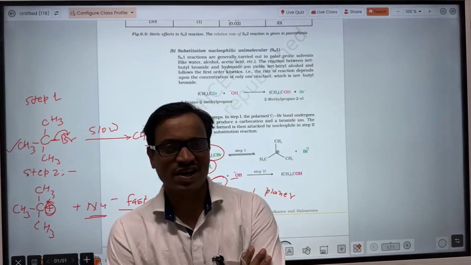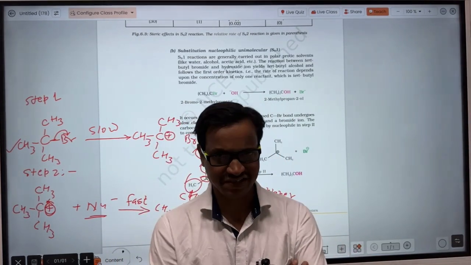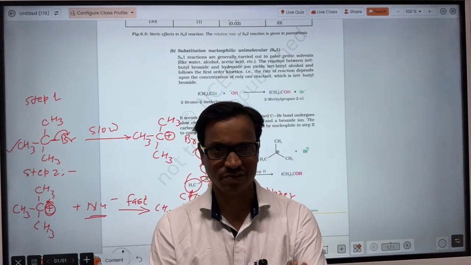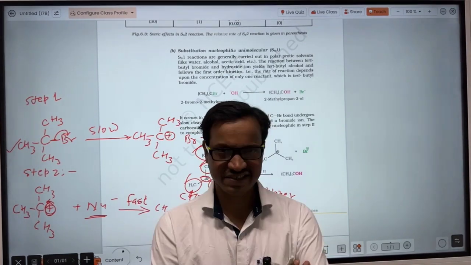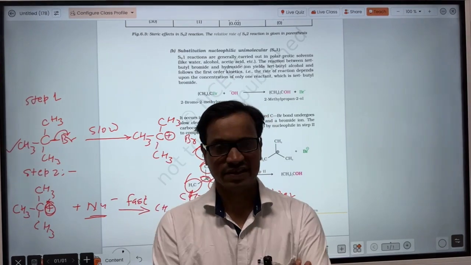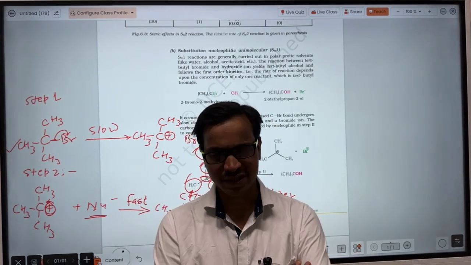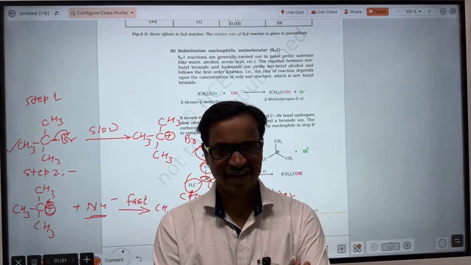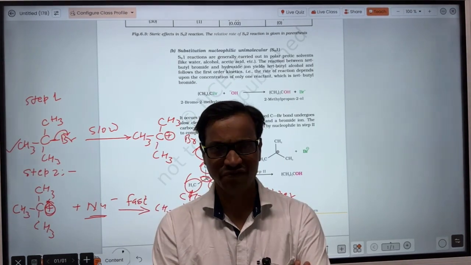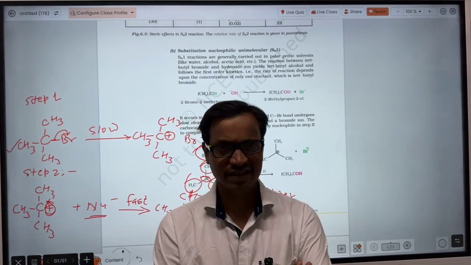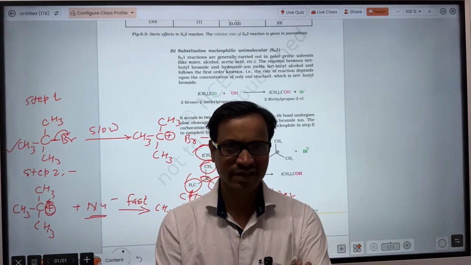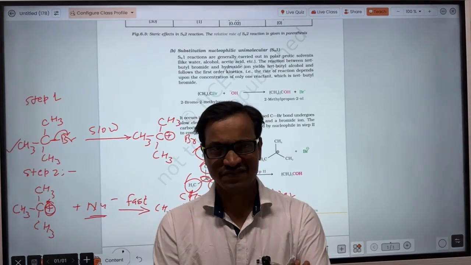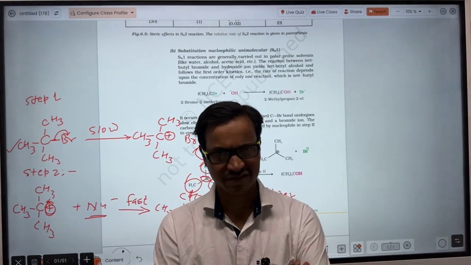When the reaction takes place through the SN1 mechanism, there will be inversion of configuration as well as retention of configuration.